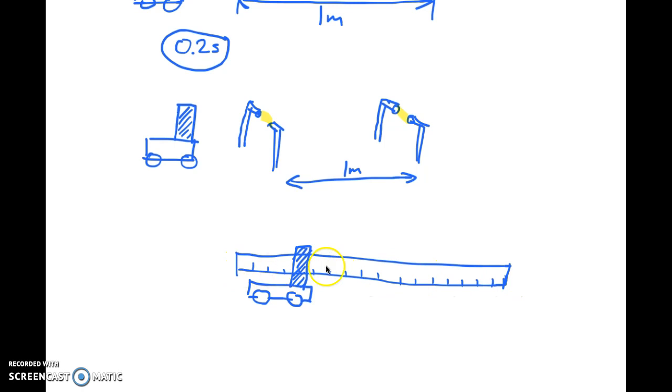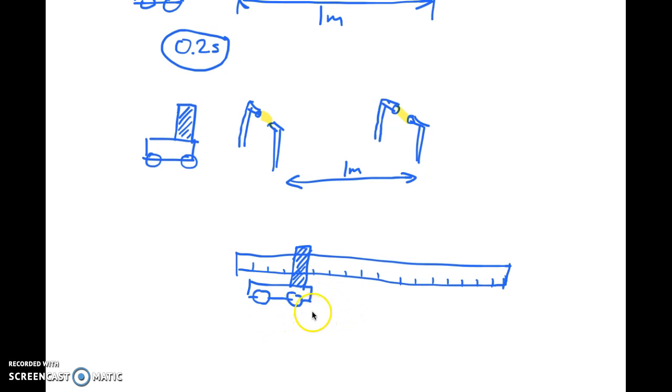Well, what we could do is have a distance measuring instrument, such as a meter rule, and we video the car as it travels down the length of the meter rule. We would run the car with maybe a marker on the top, so a piece of card, and video it. Then we can analyze the video, because it might be recording frames about a hundredth of a second apart.